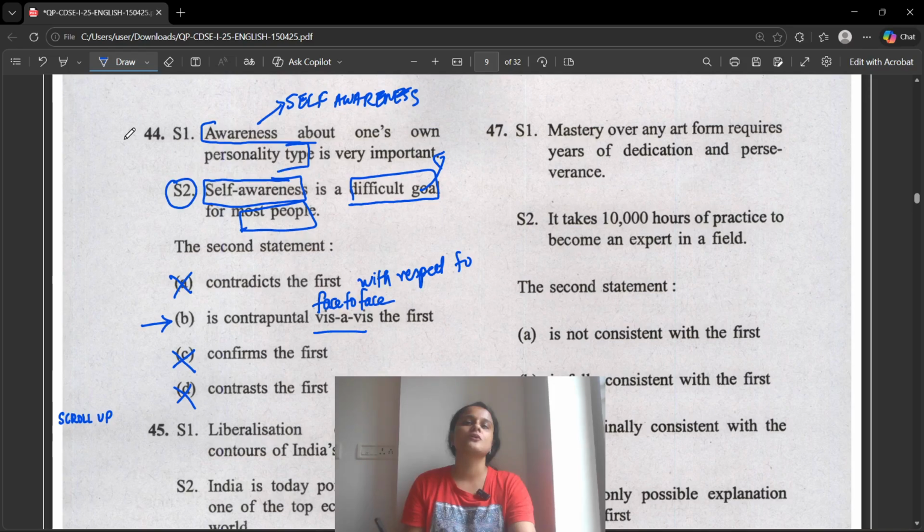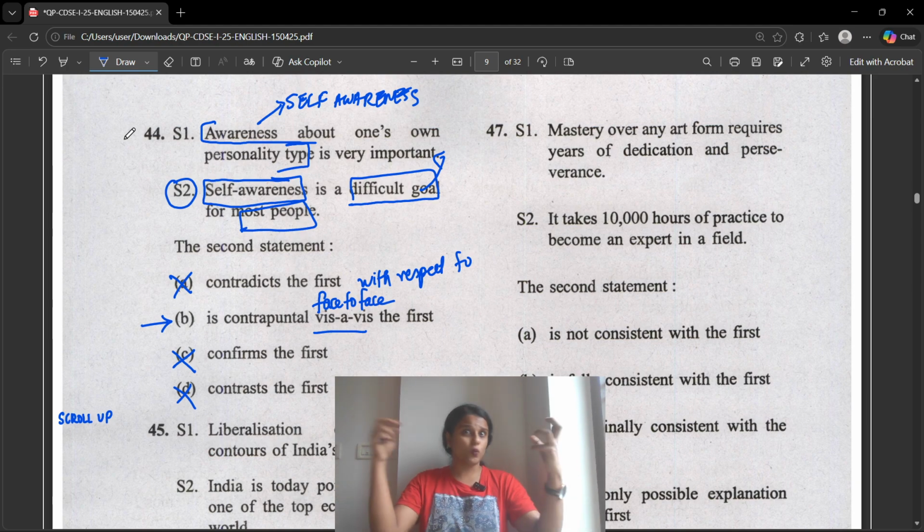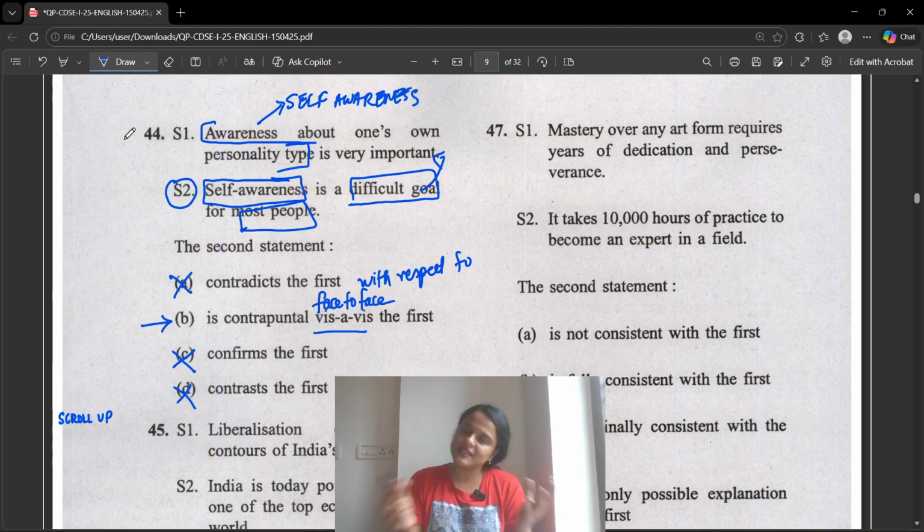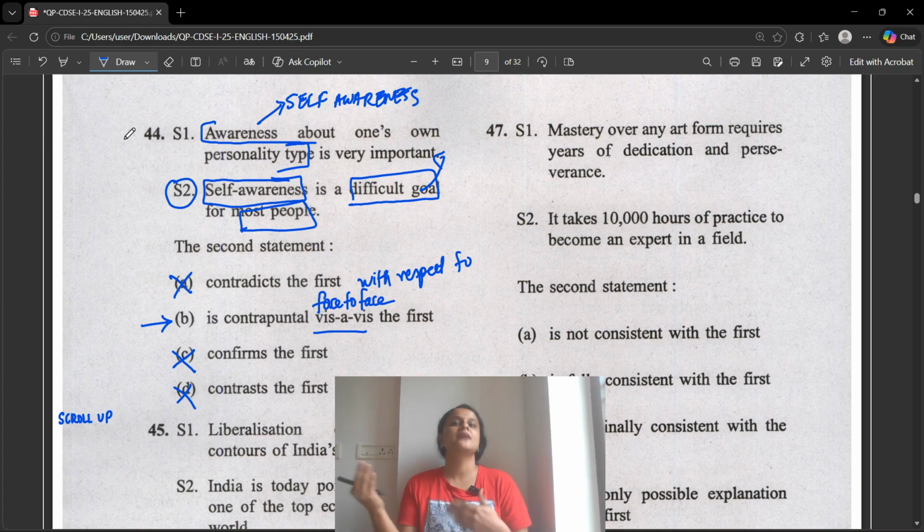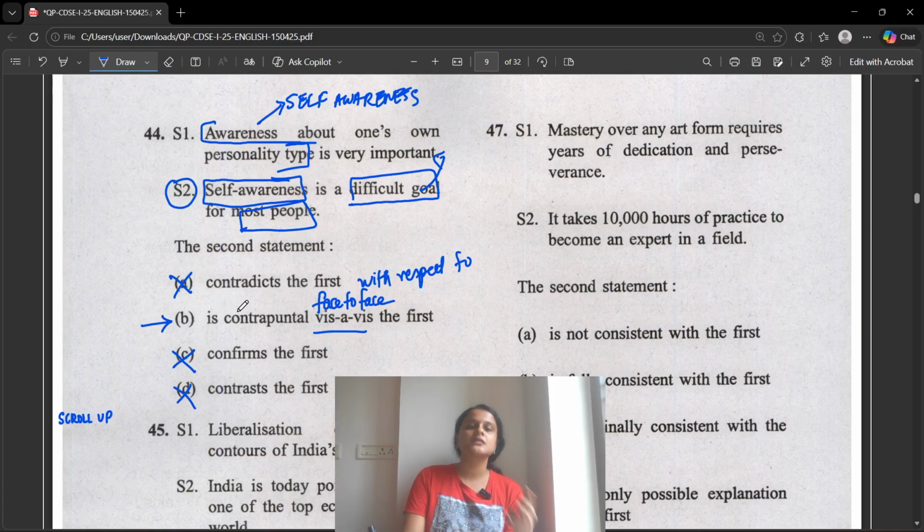Both statements are about self-awareness. They are not glaringly opposite or anything like that. It's important, but it's also very difficult to achieve. So they are harmonious, independent statements that can work together. Therefore, the answer is contrapuntal.